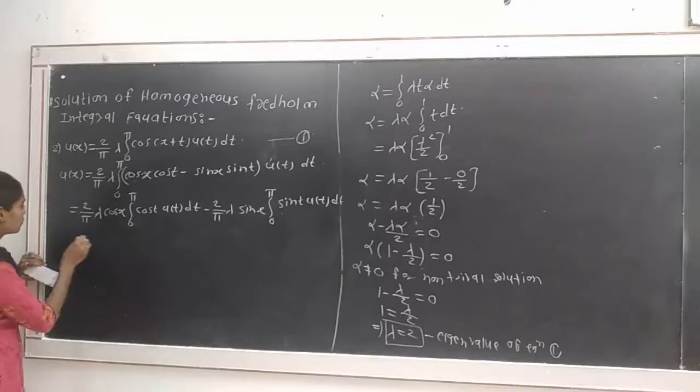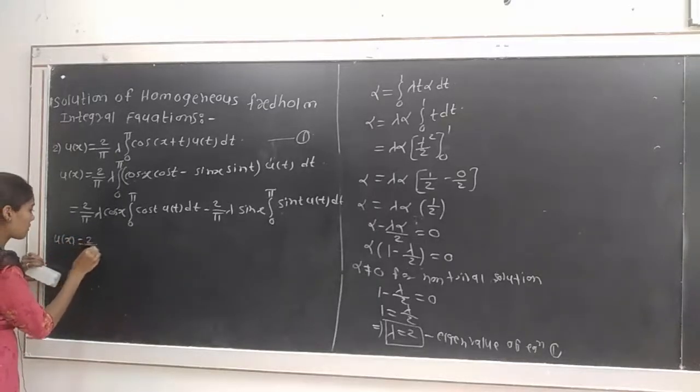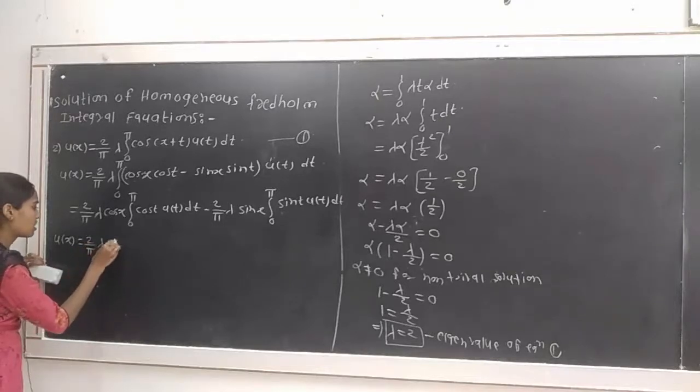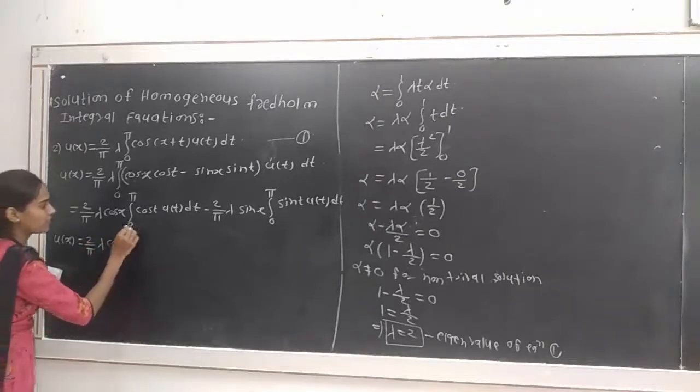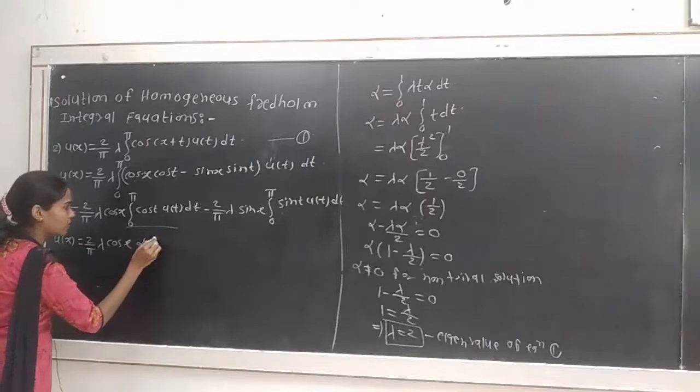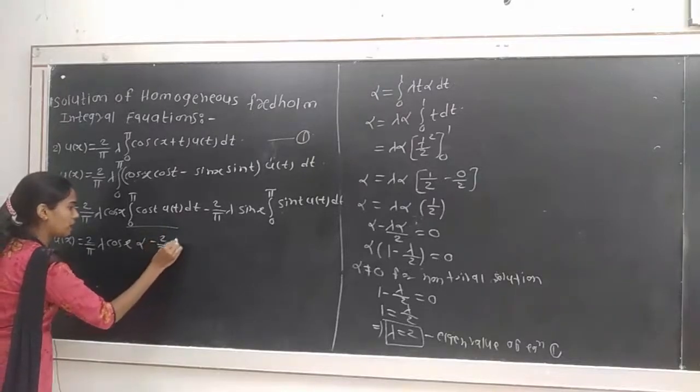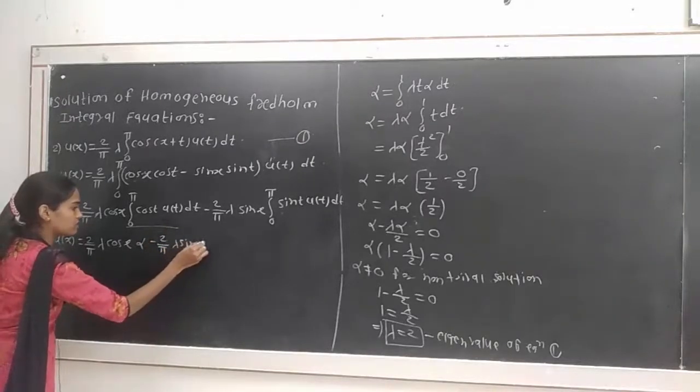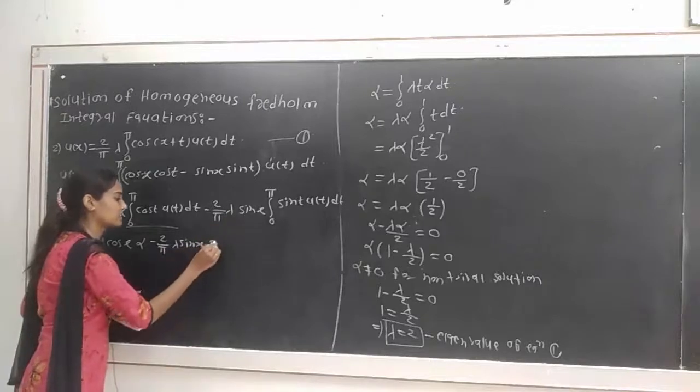So we can consider here u of x is equal to 2 by pi lambda cos x and take it as alpha, minus 2 by pi lambda sin x and take it as the beta.